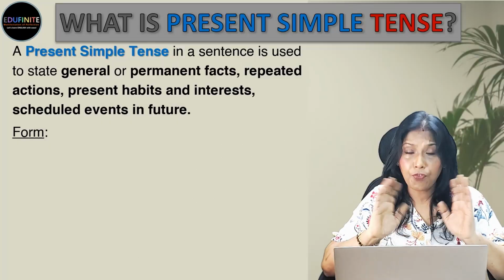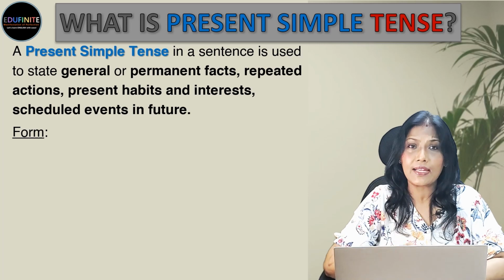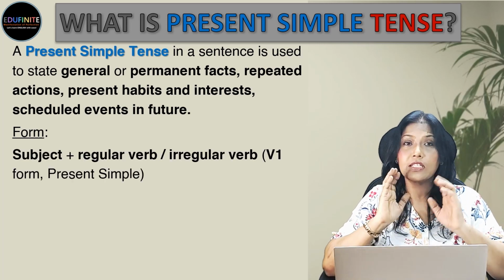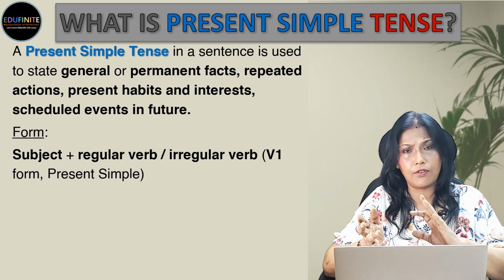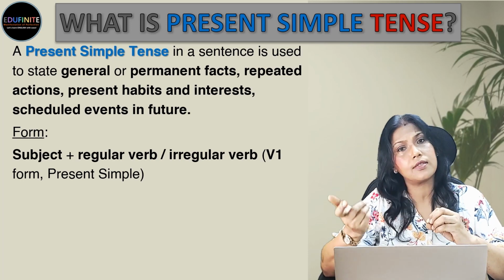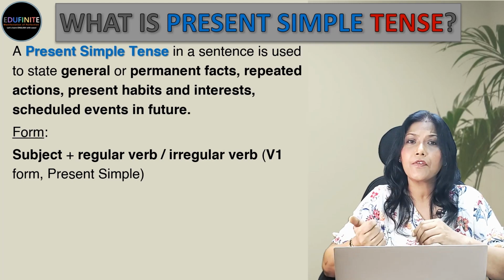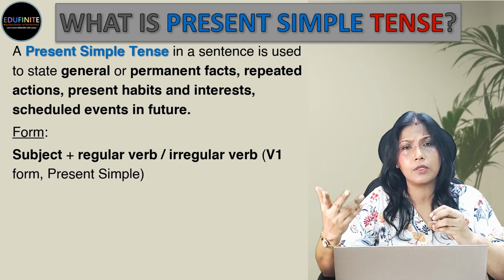Next, the form. What is the form that we follow while writing such sentences? So it's first the subject, then it's the regular verb or the irregular verb. Regular verbs are those verbs which in their past tense take an ed at the end, and irregular verbs are those verbs which do not take ed at the end, their form changes.